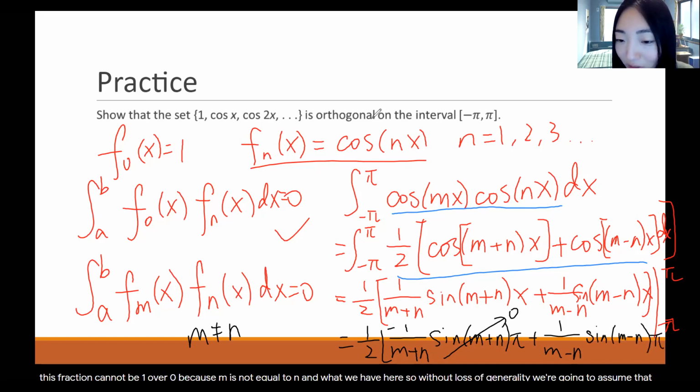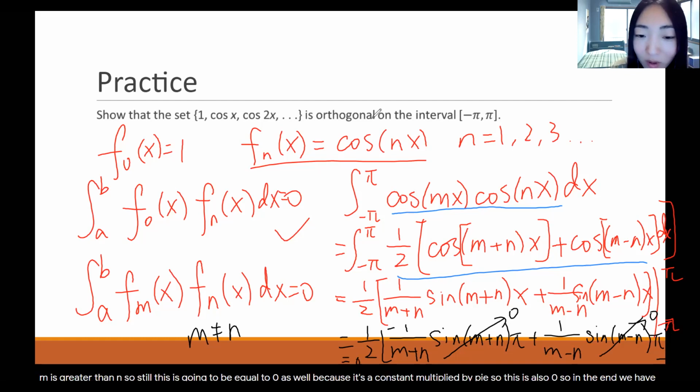So still, this is going to equal 0 as well because it's a constant multiplied by pi. So in the end, we have the whole inner product equal to 0 for this case as well. So this is also checked.